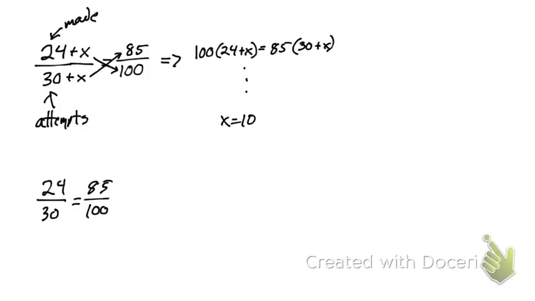Type 24 over 30 in your calculator and tell me what it comes out to. 0.8. So right now she's actually at 80%, and the only way you could write this proportion is 24 divided by 30 equals 80%. She wants to keep shooting until she gets to 85, so you have to add x's in here to balance it. Okay?